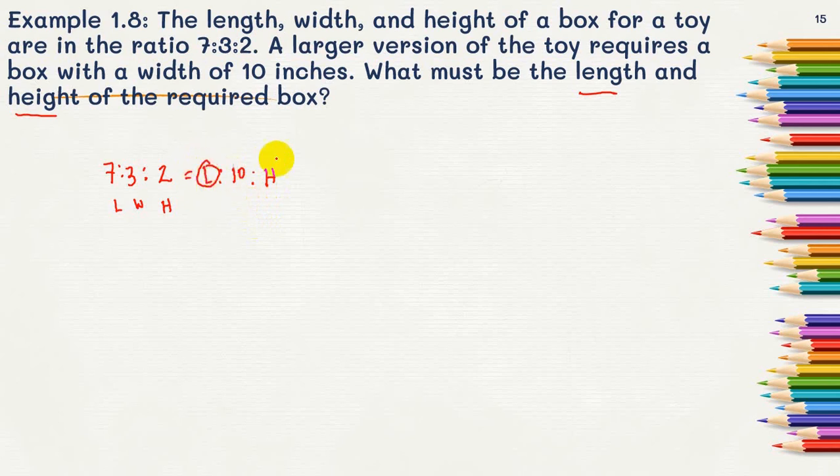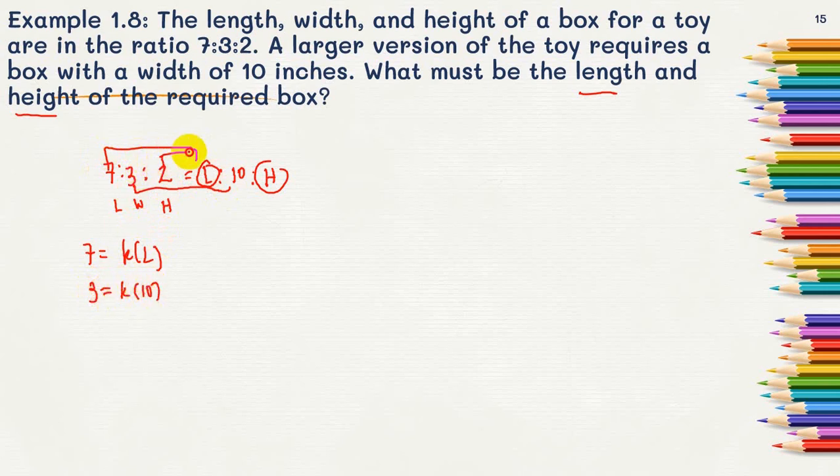We will be solving for length and the height. Same thing, we will be needing the aid of the constant of proportionality to solve for the length and the height. So we will be equating now 7 equals K times L. Then 3 equals K times 10.